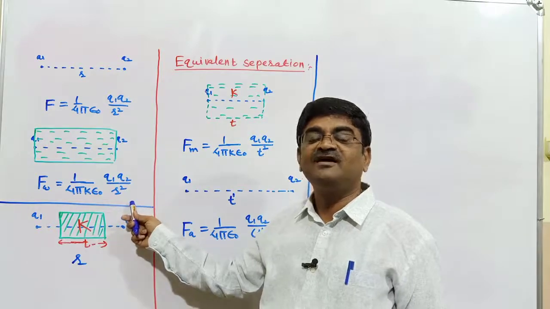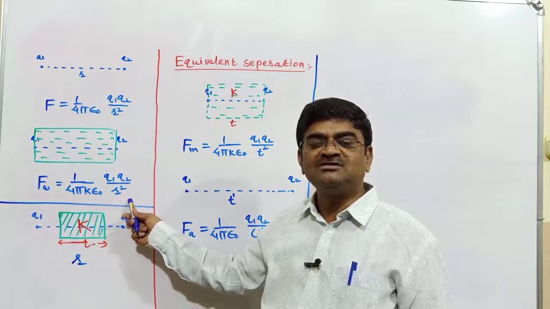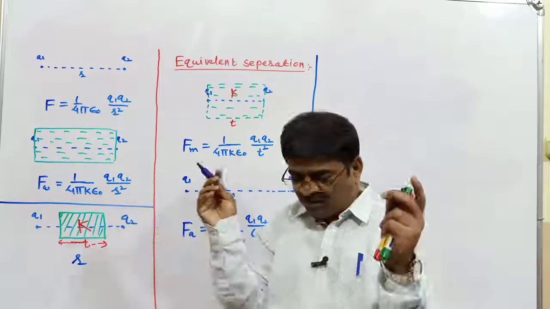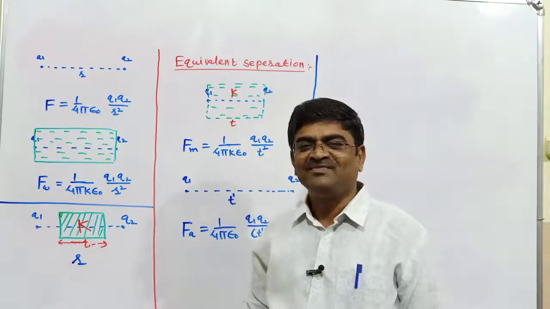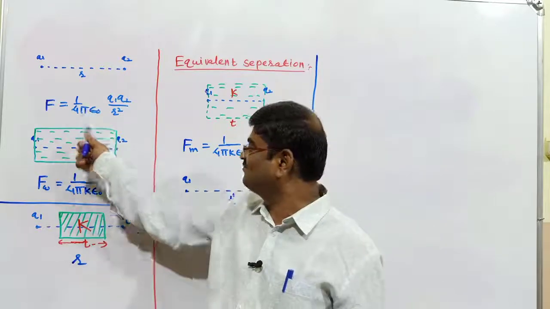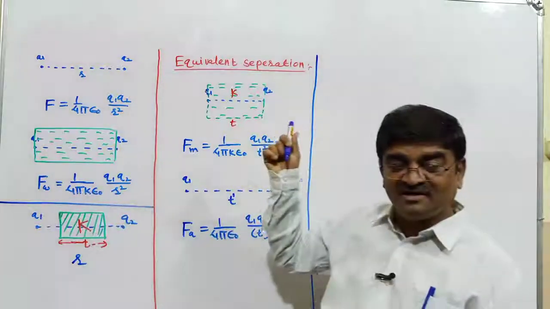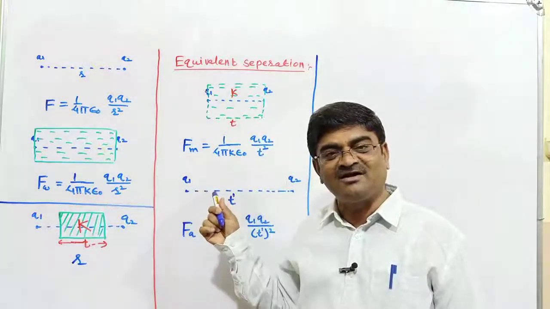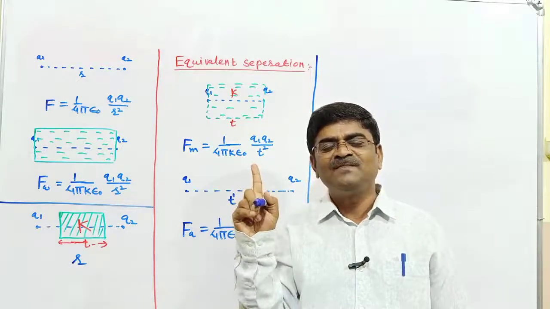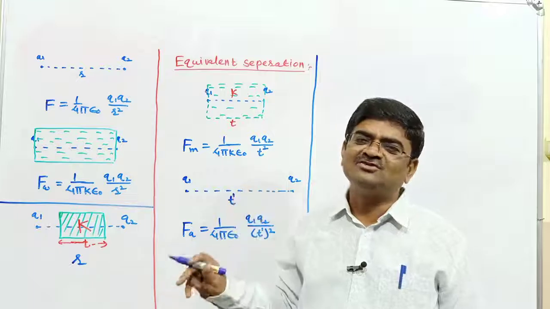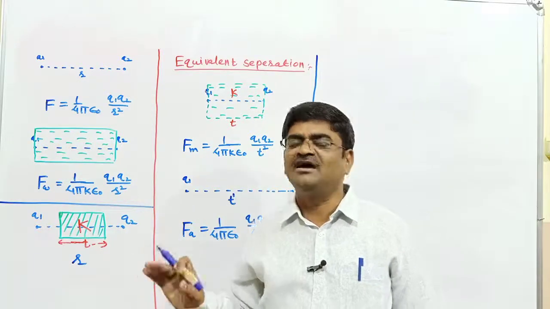You will find that the force between given two charges for a given separation will be maximum in the air, maximum in the vacuum, because you have got an additional term in the denominator here. Even that FA by FM, you can remember that ratio comes greater than 1, which simply means that force between given two charges is maximum for the given separation in the air.